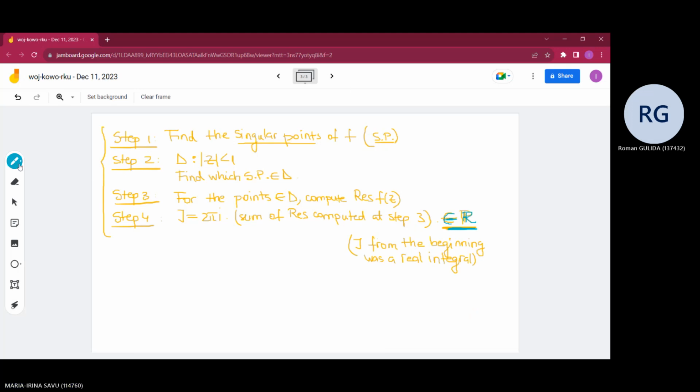Okay, let me write it this way because it's a very important tool, very important tool. Okay, so let's see some applications.